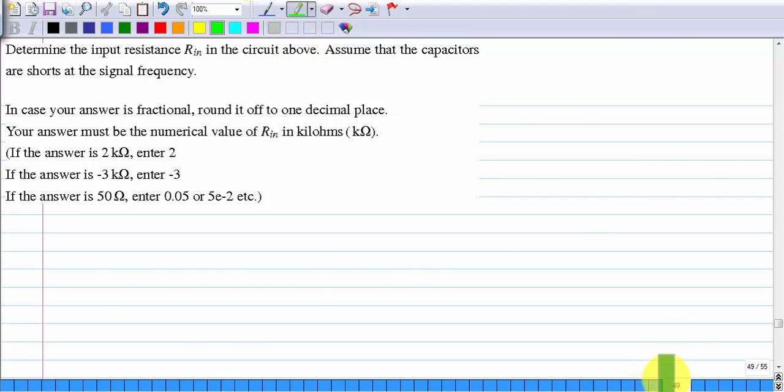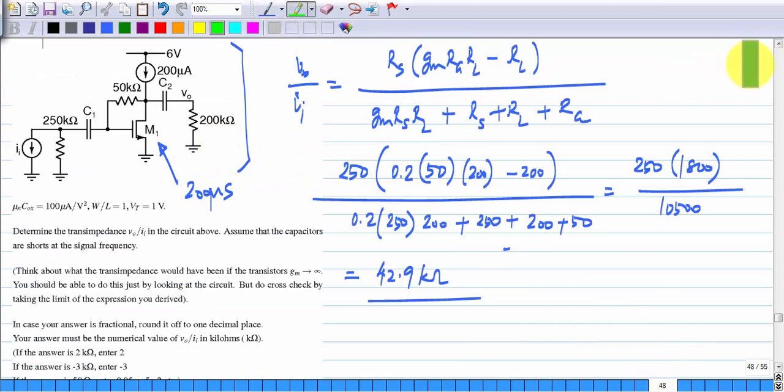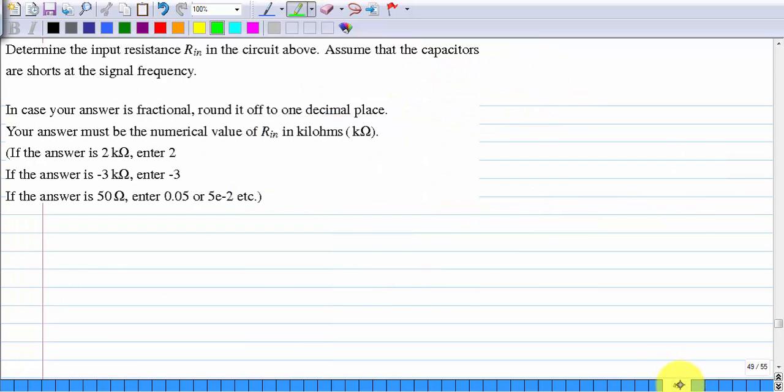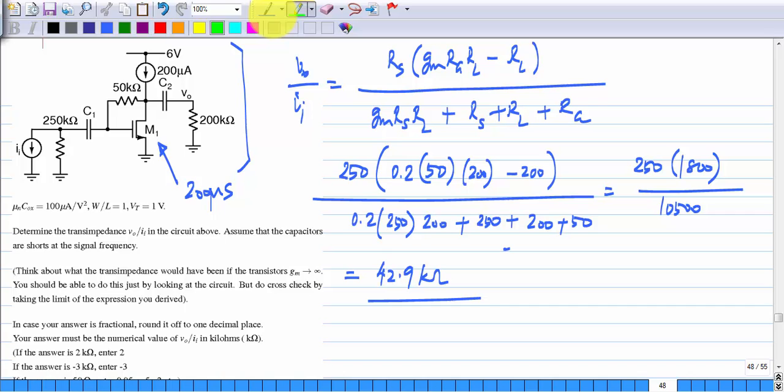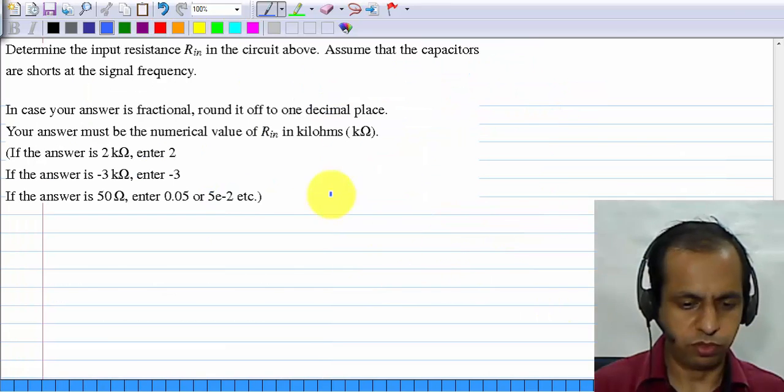Now Rn is measured here, and again we have calculated the formula for this.